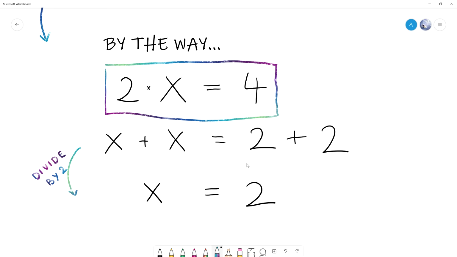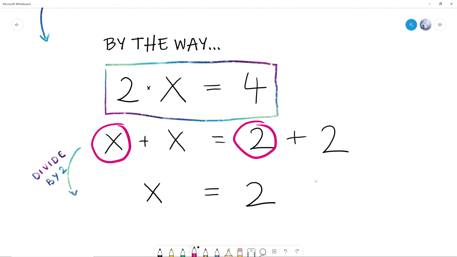And if I want to divide by 2, like we were doing before, I have to split this quantity x plus x in 2 parts. So here is 1/2 of that, and here is 1/2 of the other part. So when I divide by 2, I get x plus x divided by 2 is x, and 2 plus 2 divided by 2 is 2.